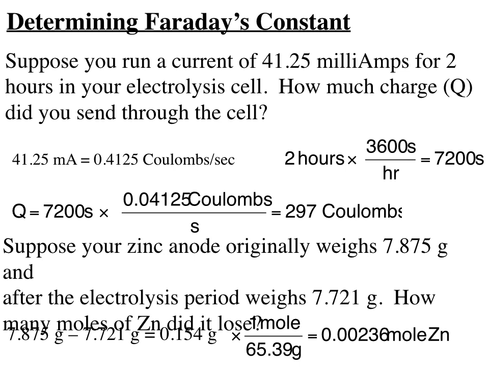So I subtract the final mass of the anode from the initial mass of the anode and find 0.1454 grams have been lost. And then by dividing by the molar mass of the zinc, I find that 0.00236 moles of zinc were lost.